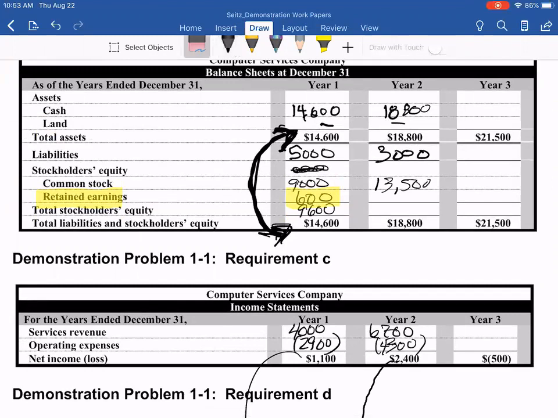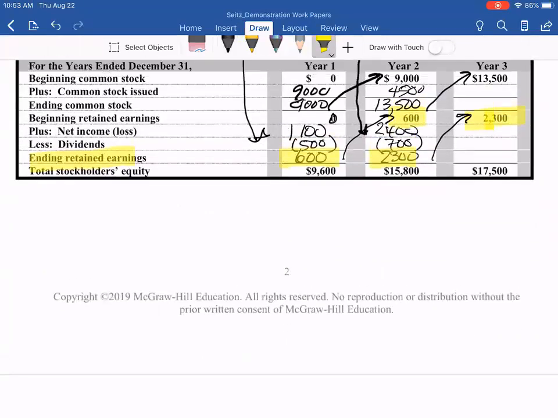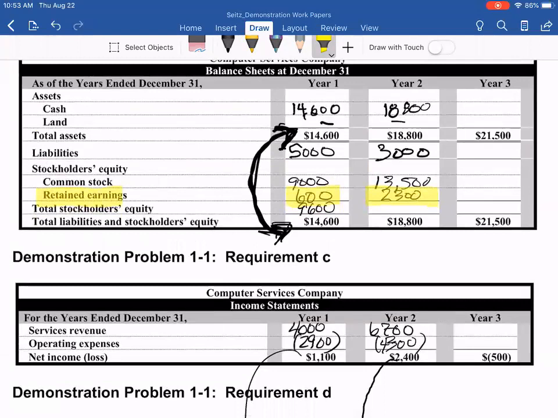And like I said before, this item is blank because this is the header for these sub-accounts of common stock and retained earnings. We calculated the end of the year 2 retained earnings, and we calculated a balance of 2,300. So let's go down here. There's that 2,300. Where did we find that number? It's right here. It's where I already have it highlighted, 2,300, which becomes the year 3's beginning balance.